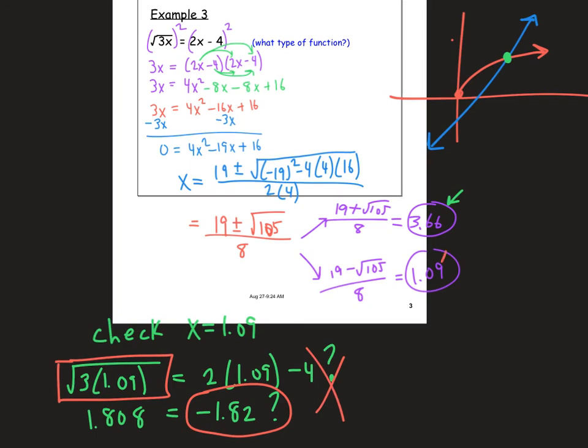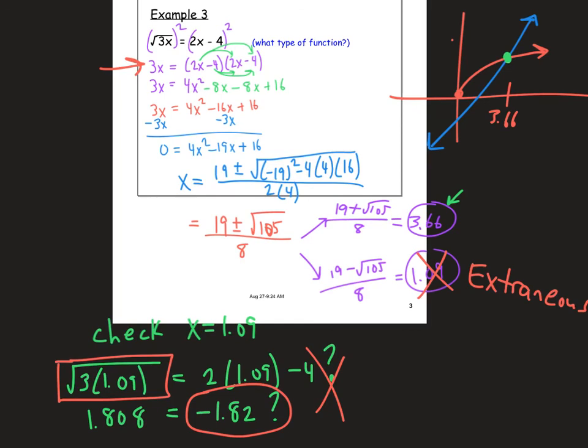So that tells me this 1.09, if you remember what we call that, is extraneous. That happens with a lot of these square root functions. When you square both sides like we did in this very first step, it introduces the possibility of an extraneous solution. So using the graph, we can see this one was about the 3.66.